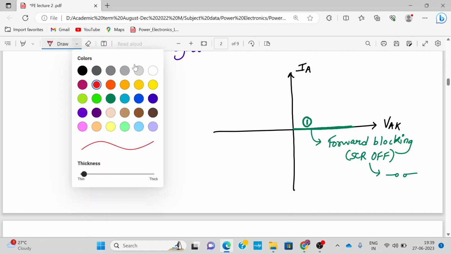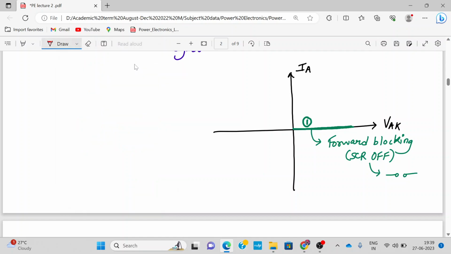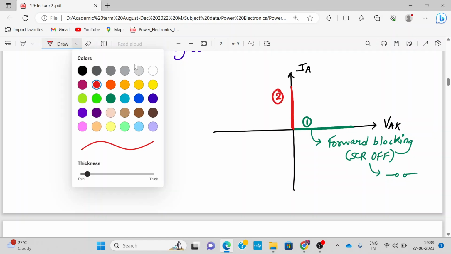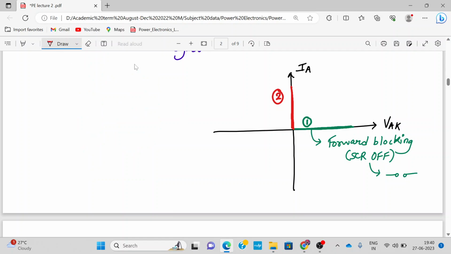In the second region of operation, over here, we call it the forward conduction mode. Here my SCR turns on, forward conduction, and here my SCR is on. When my SCR is on, it behaves as a short circuit.